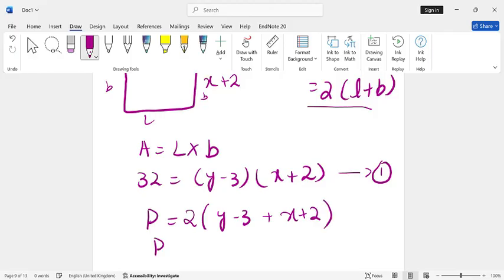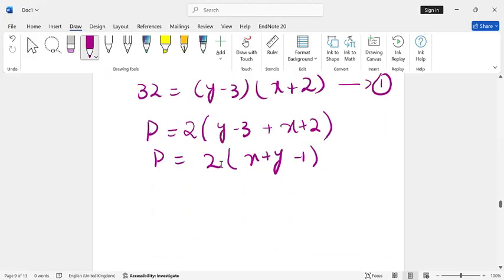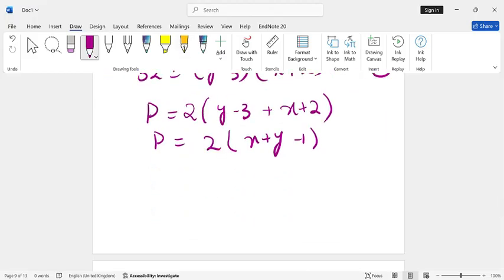So we have p equals 2 into what? What is the value we have? x plus y, and minus 3 plus 2 becomes -1. All right. So we have the value of p as 24.